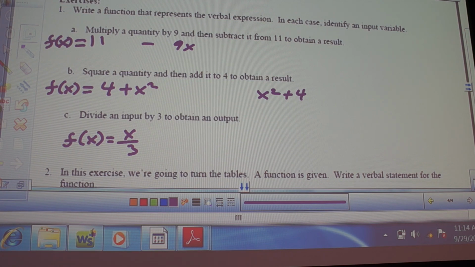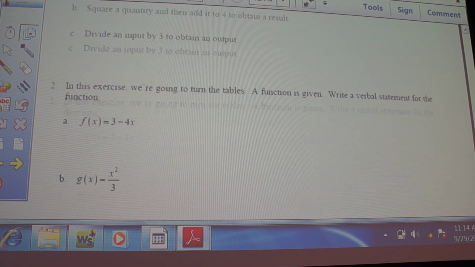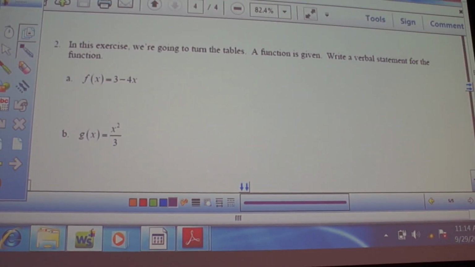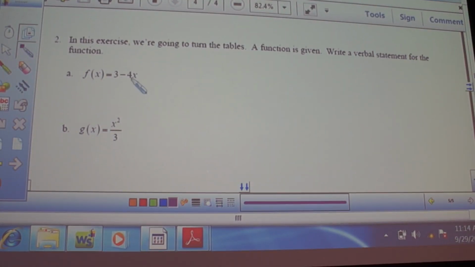Okay. And then the last two, now we're going to turn the tables. So this one here, what's happening to x first? Multiplying, yep, by what?